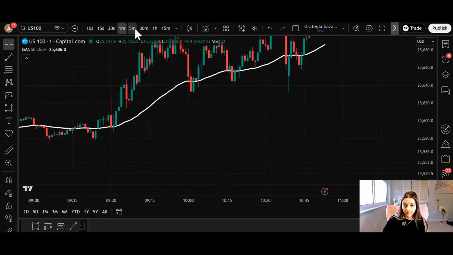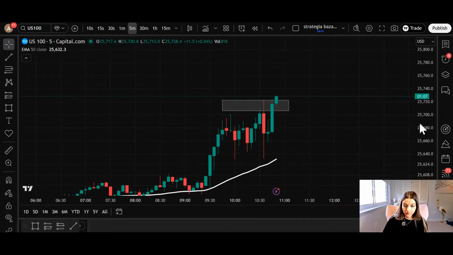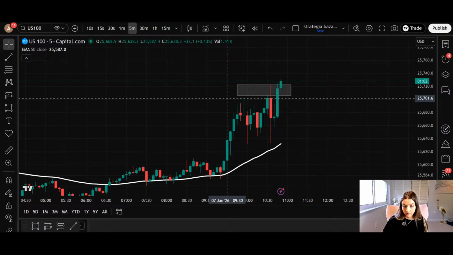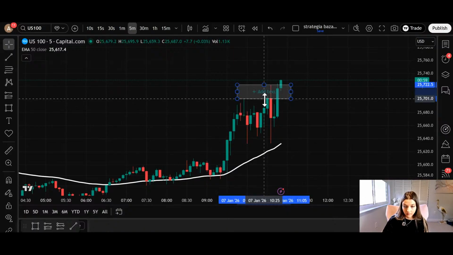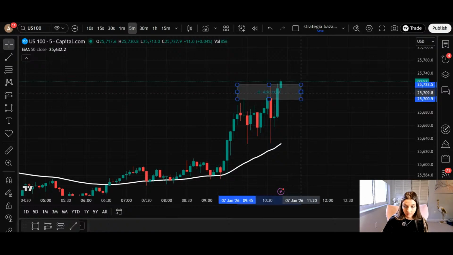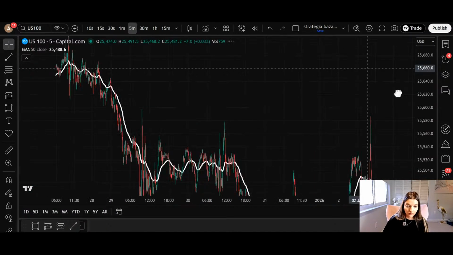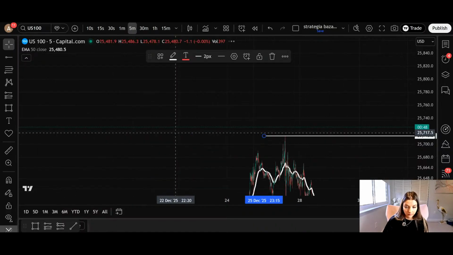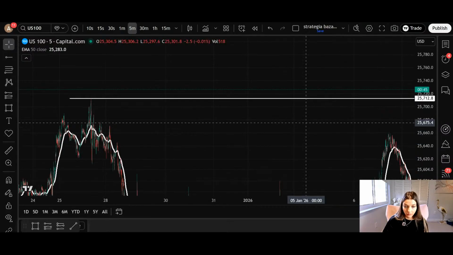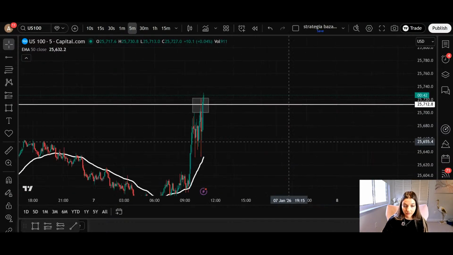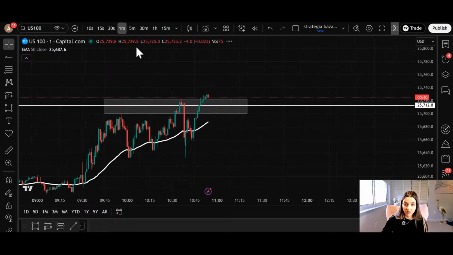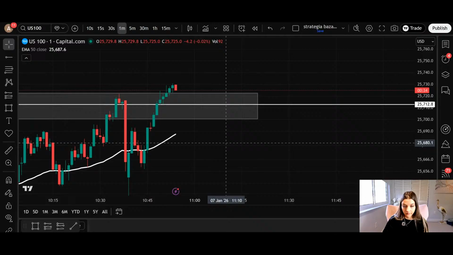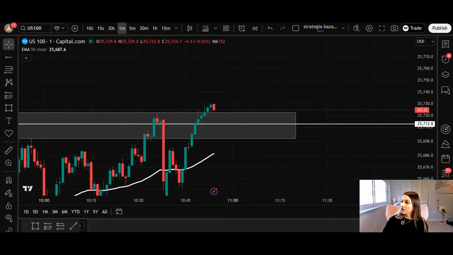Let me see on 5 minutes. Okay, I have this here, which is the same as this. So yeah, wait to break this area and retest it. What is gold doing?